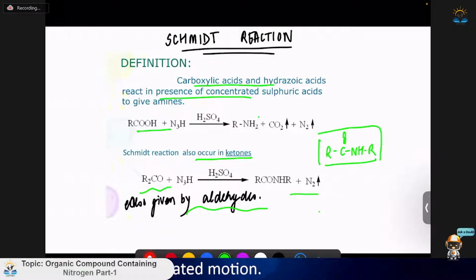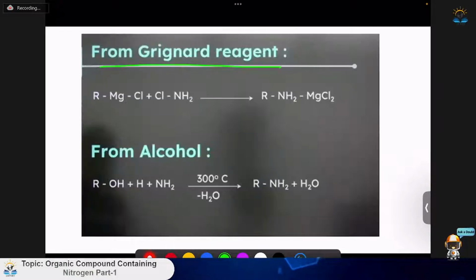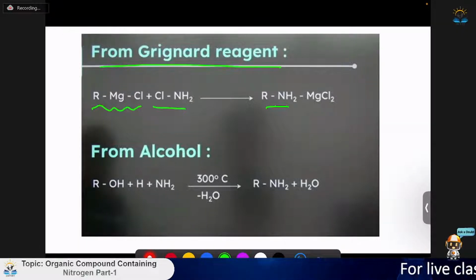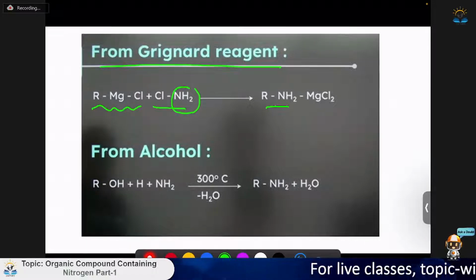Now, what can we prepare from Grignard's reagent? So RMgCl, this is our Grignard's reagent, and when it reacts with NH2Cl, we get RNH2 and MgCl2.